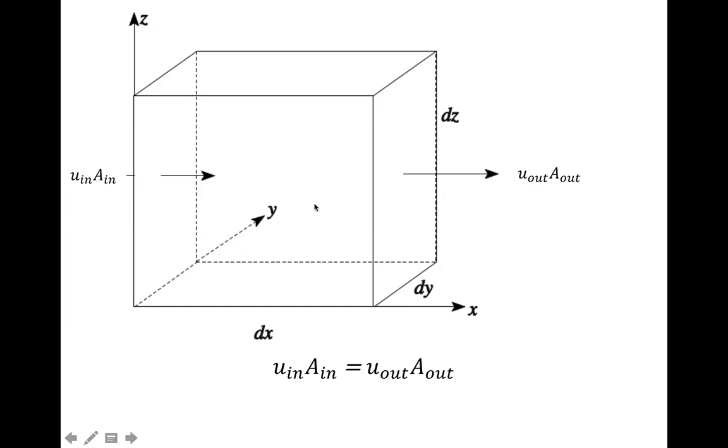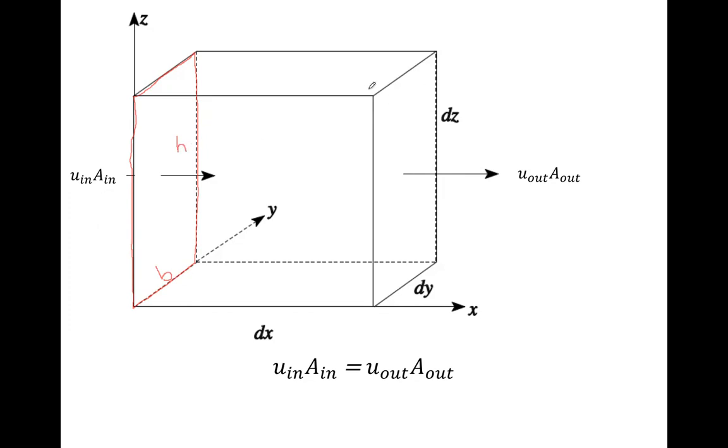All right, let's think a little bit about what this A in is. Well, we know that the area that we're going through, this area in, is just the side of this box right here. So the area is going to be this base right here times the height right here.